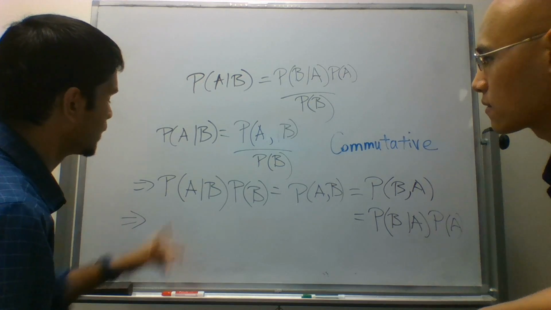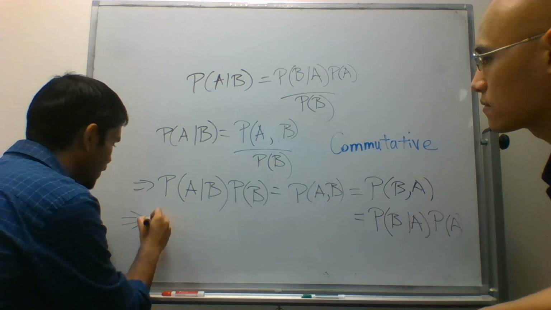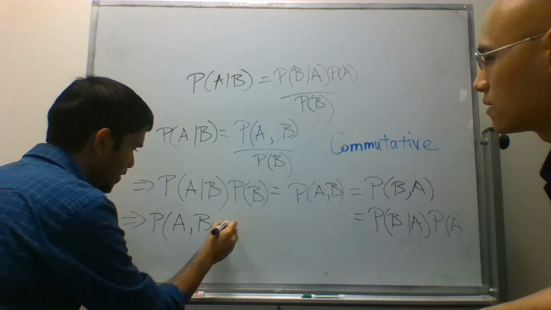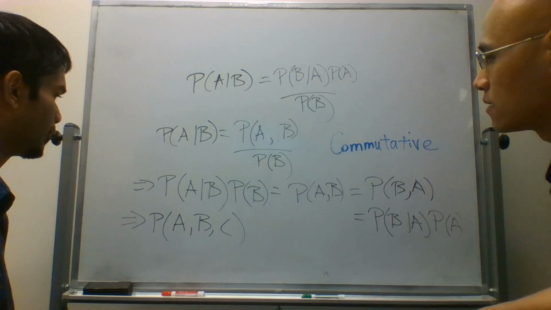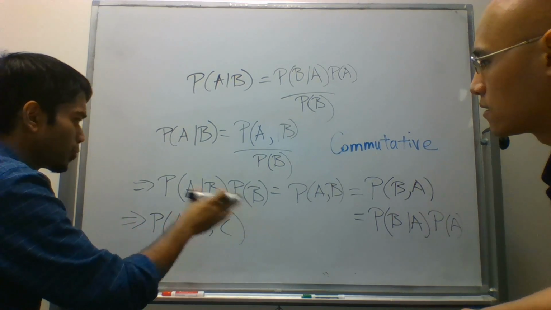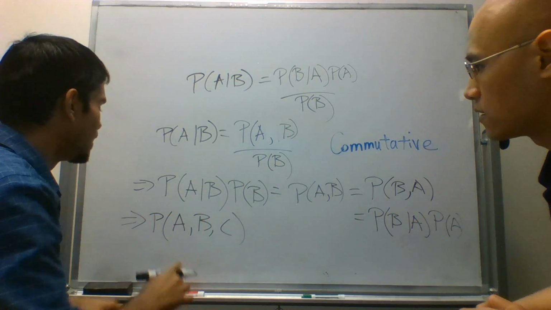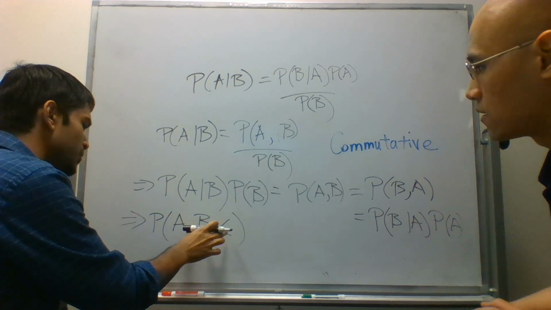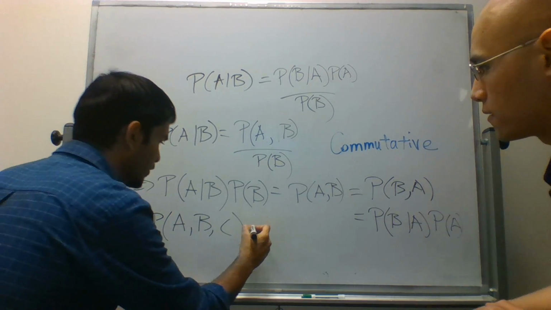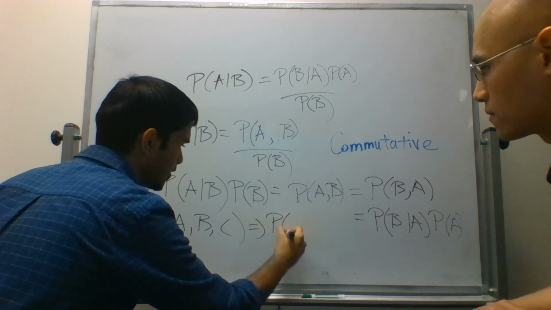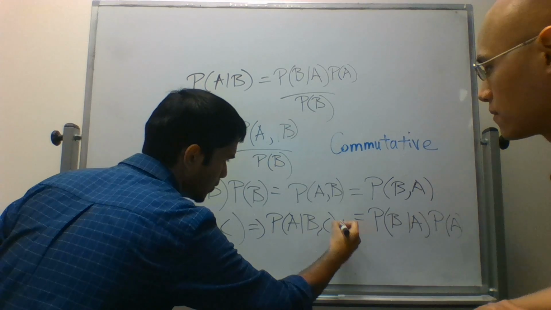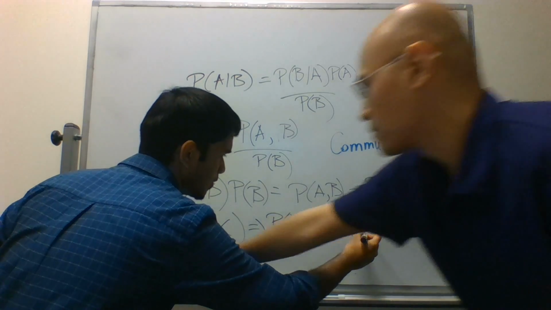So the probability of A, B, and C. Sometimes, if I get confused with multiple random variables and I want to express a conditional probability using these, I try to group them as units. So I could also write this as probability of A given B and C times the probability of B and C.